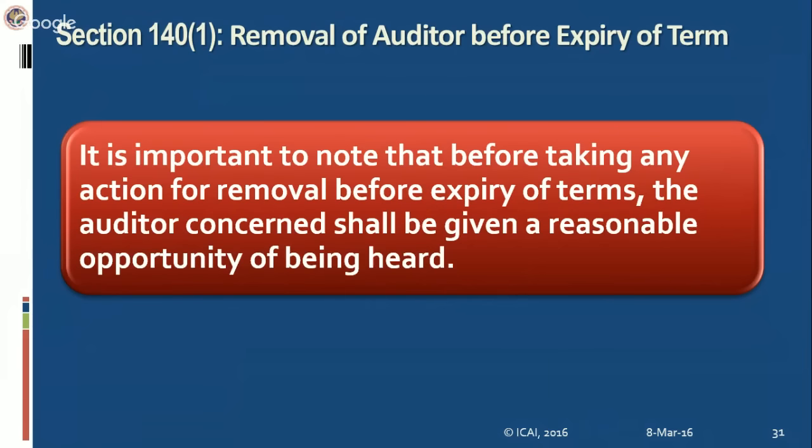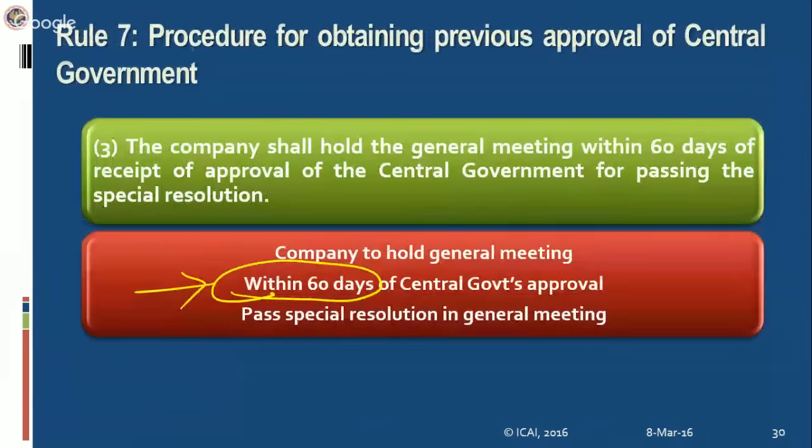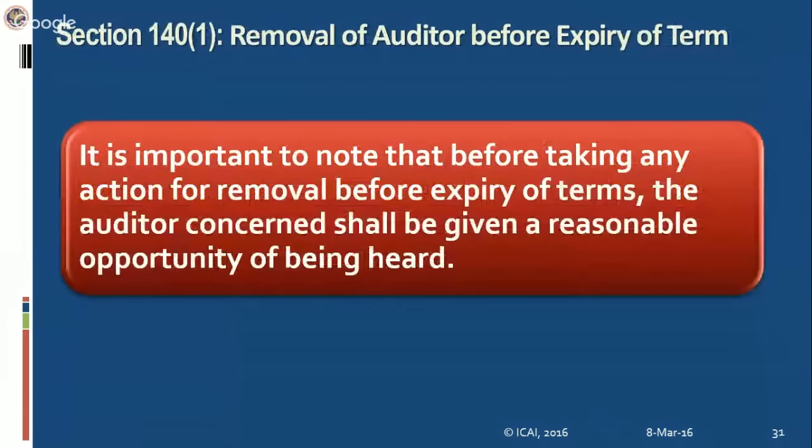Now you may note, students, that before taking any action for removal before expiry of term, the auditor concerned shall be given a reasonable opportunity of being heard. Very important provisions.